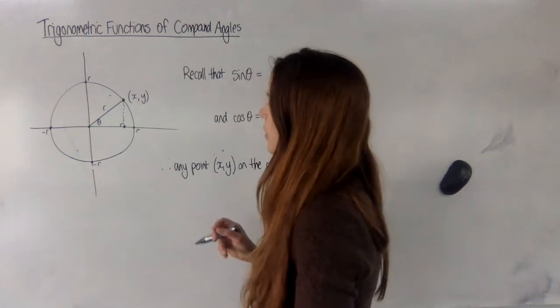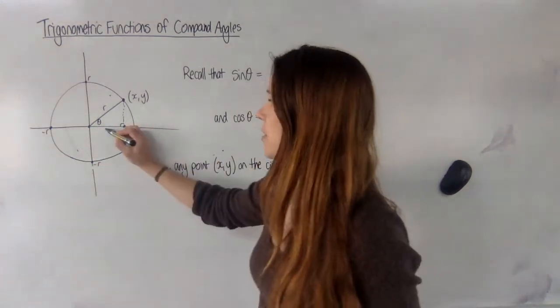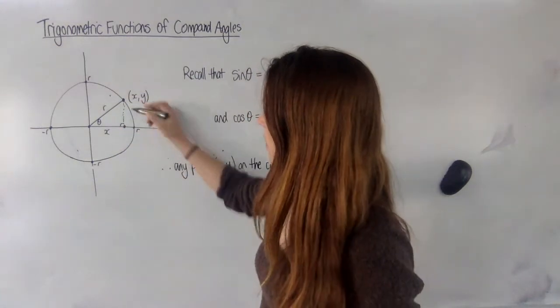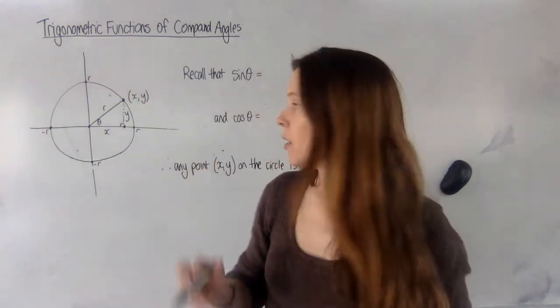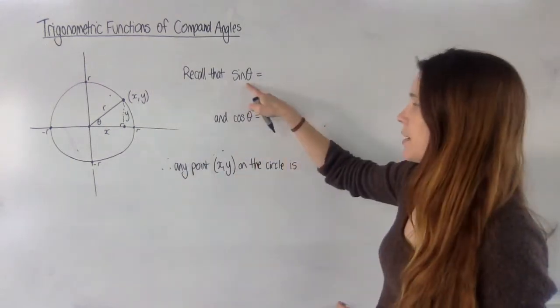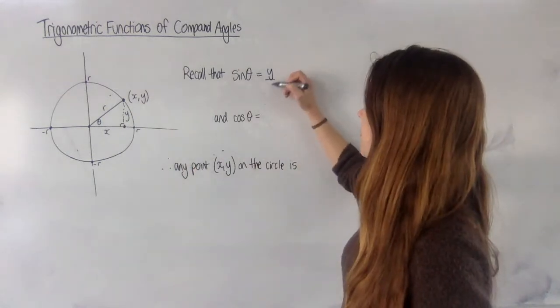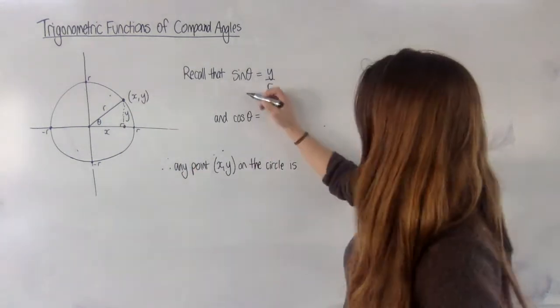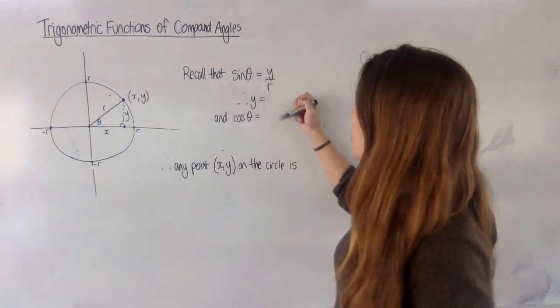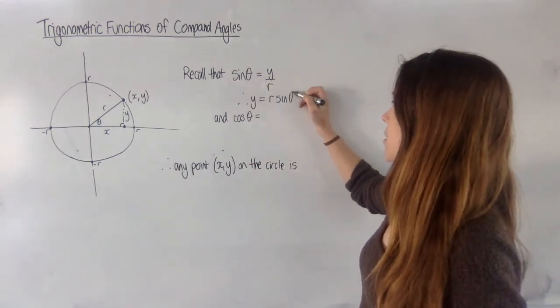Now, if this is the point xy, the length of this is going to be x, and the height of this triangle is going to be y. So if we look at the relationships in that triangle, the sine of theta is opposite over hypotenuse. Rearranging, y is r multiplied by sine theta.